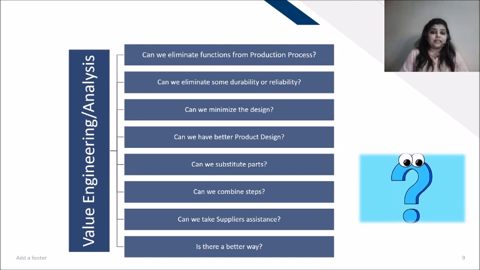If that is less costly, then I will go for the buy option instead of making it in-house. I am not adamant that I have to make everything in-house only. I can very well buy it from outside if that leads to cost reduction, right? Is there a better way? If there is a better way of doing anything which reduces the cost, we should actually go for that.